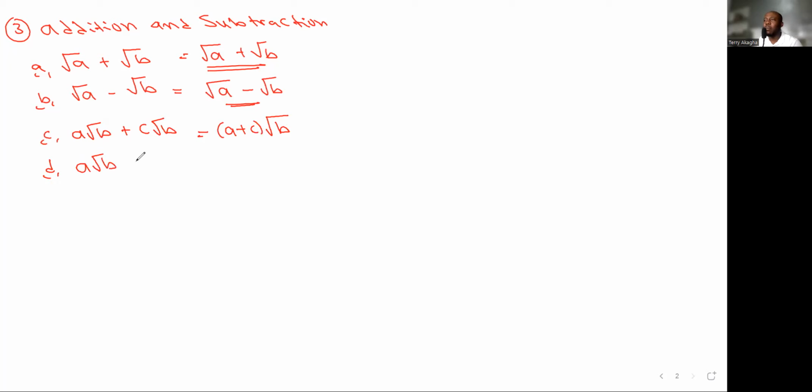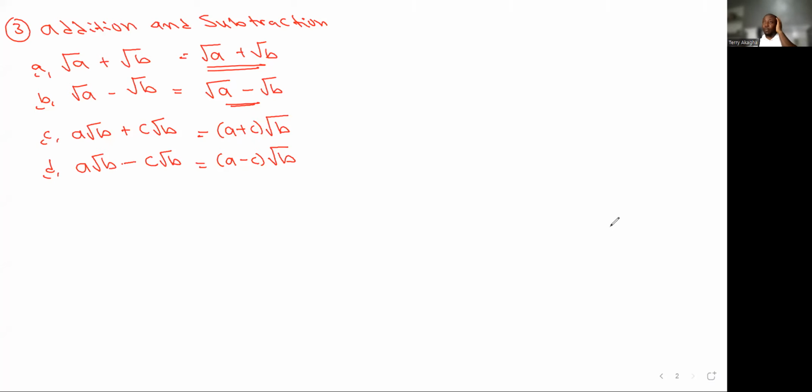So A root B minus C root B will be A minus C root B. Now, the trick is that when it's different, it stays the same. You don't do anything. But if it's the same, then you add the rational numbers, so the numbers outside, you add them together to give you the other one inside. Okay, so that will be that for number 3.